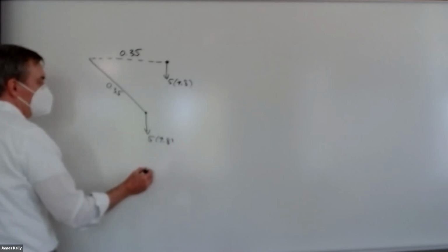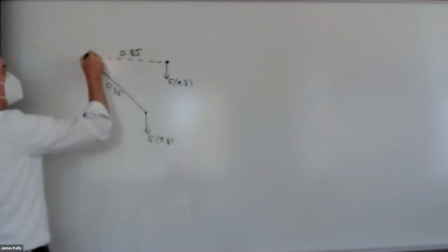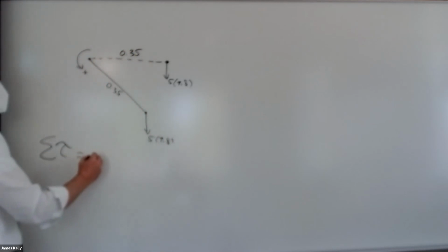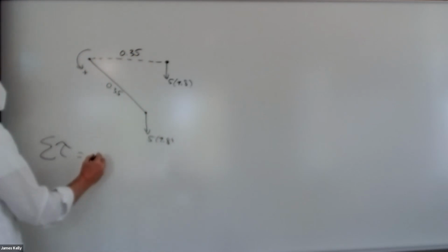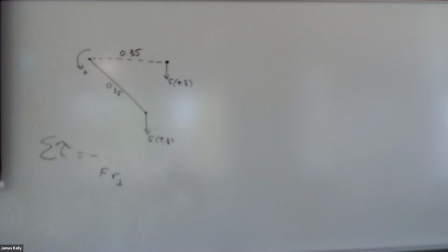And to find the moment arm, if I want to calculate this torque about this axis over here, and we're taking this to be positive, first of all, it's going to be a negative torque. So when I'm calculating my sum of the torques, this particular one's going to be negative because it's trying to twist it in the negative direction. And I'm going to use the formula F times R perpendicular, F times the moment arm. That's what I was thinking of when I was saying the cosine.